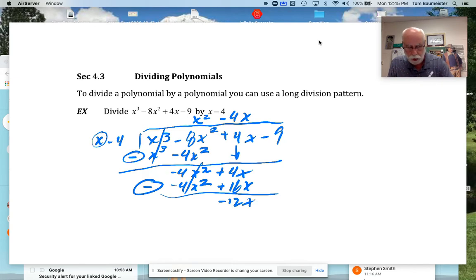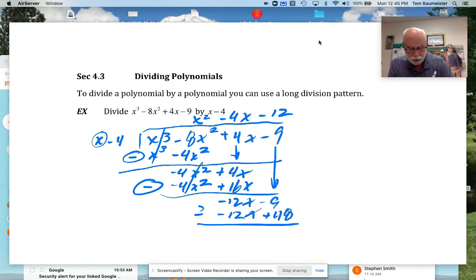And now we're going to bring down the last one there. So minus 9. So let's do it one more time. x times what gives you negative 12x? And you would tell me negative 12. So we're going to get negative 12x here. And then negative 12 times 4 is a positive 48.